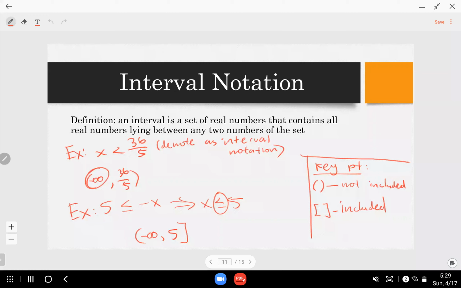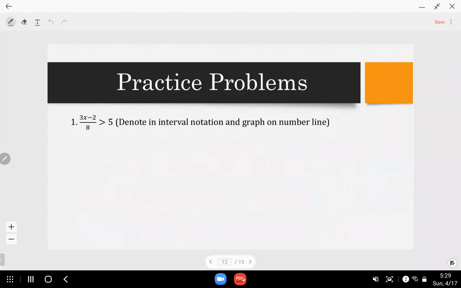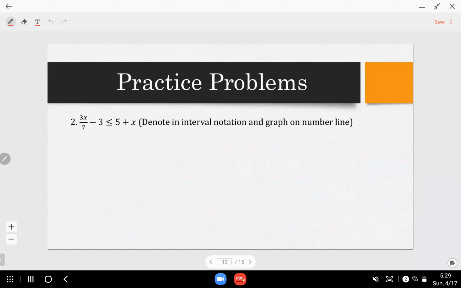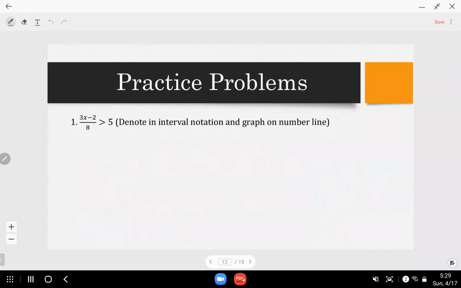Yes, right. The parentheses and the square brackets can go together. You can have one square bracket and one parenthesis. It's possible, so don't be too weirded out about that. I'm not going to waste too much of your time, so I'm not going to ask you to do these. Plus you can't really graph it on a number line. So I'm just going to walk you through this once.